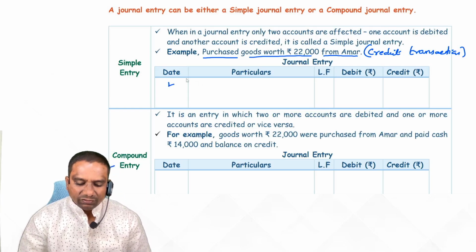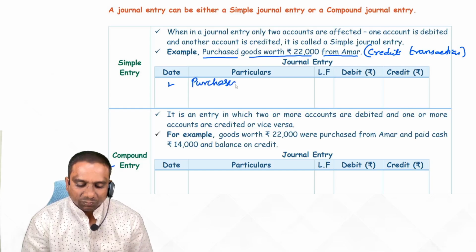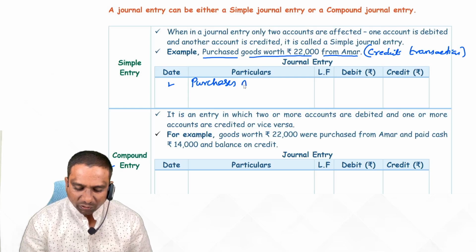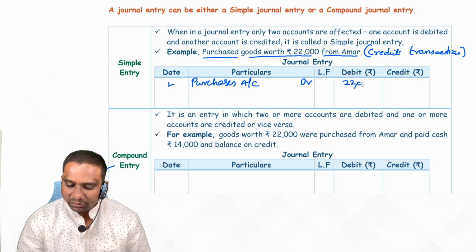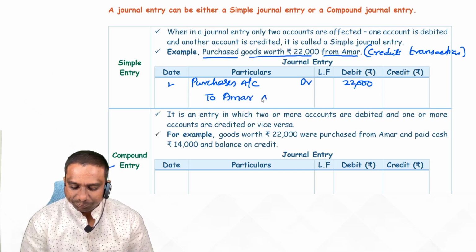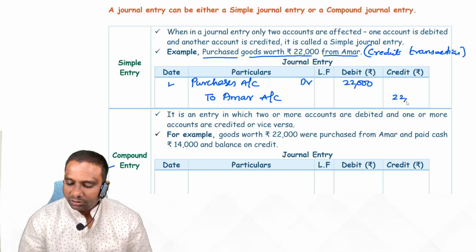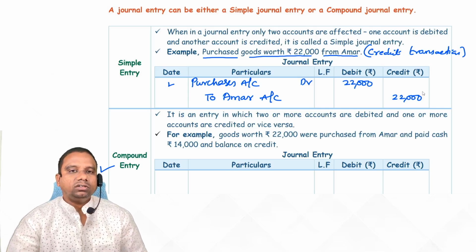What is the receiving aspect here? Goods. So purchases account debit. You people also write down in the space provided here. Purchases account debit. How much, students? 22,000, to Amar account 22,000. This is a simple entry, being goods purchased on credit.